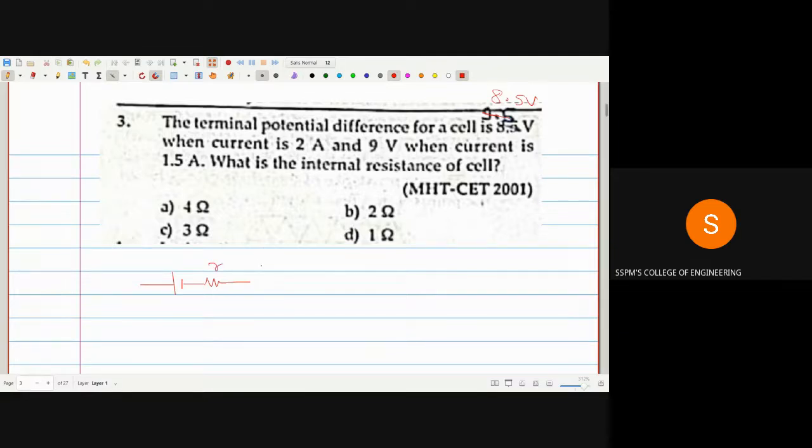R आहे पहिल्या केसमध्ये, आणि त्याचा पोटेन्शियल डिफरन्स किती असणार आहे? ते व्होल्टेज सोर्स लेट कन्सिडर E, आणि पोटेन्शियल डिफरन्स किती आहे? ते 8.5 आहे.